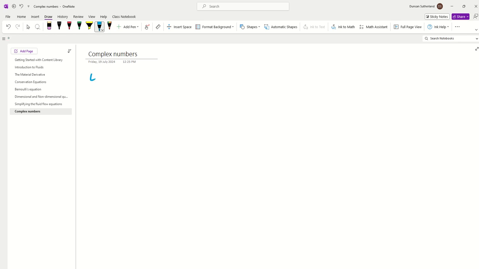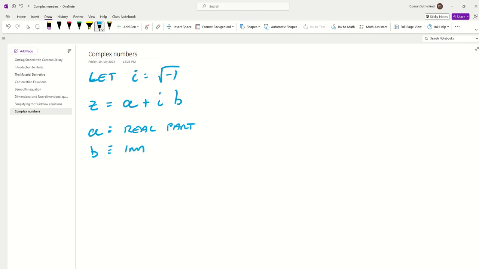So that is, let i equal square root -1, and then you've got some complex number which we'll call z equals a plus ib, where a is called the real part, b is called the imaginary part of this complex number.